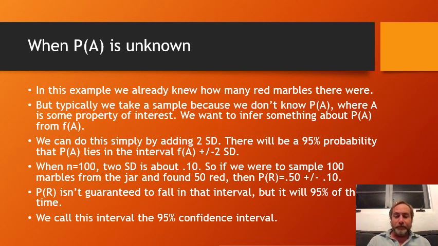Now again, just because we find that in the sample, it's not a guarantee that the actual probability of red in the population is 0.5, but it will be 95% of the time. If you sampled 100 times, the vast majority of the time, it's going to fall in that interval, right? So again, we call this the 95% confidence interval.